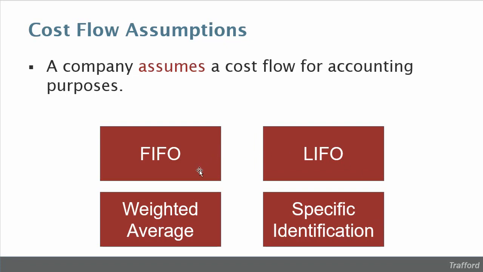So they can actually always try to sell their oldest items first and still use the LIFO method, which assumes they're selling their newest items first, or almost any other combination here. The best way to understand cost flow assumptions is to actually see some computations and compare the results across all of these different methods. So that is what we'll be doing in the next video.